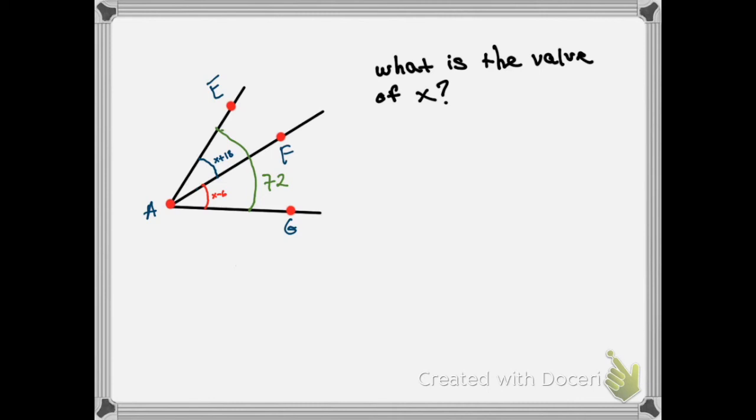Finally, let's look at an example here. So here I have 3 angles, okay? And I'm going to name them first. So first I have angle EAF, and that angle is X plus 18, okay?